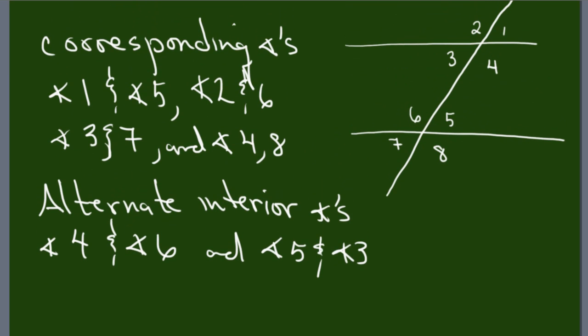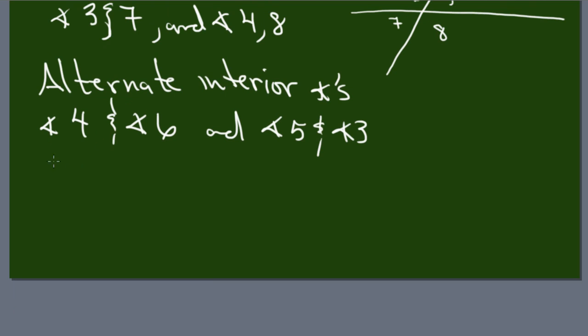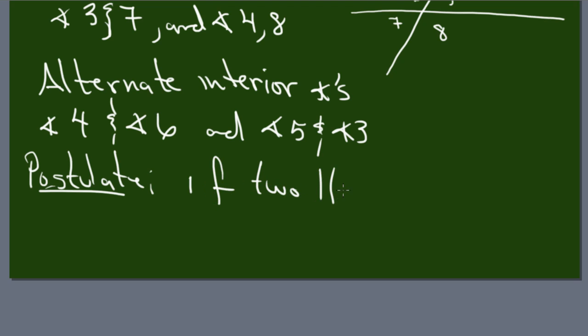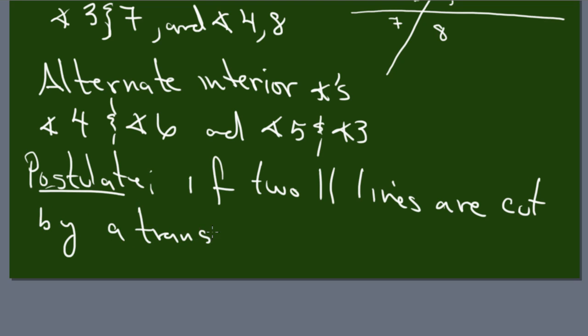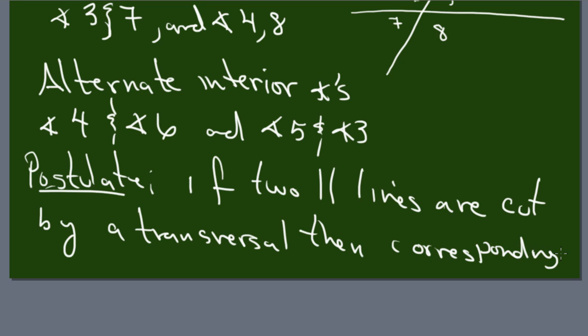Now, given those same angles, a postulate of geometry is that if two parallel lines are cut by a transversal, then corresponding angles are congruent.